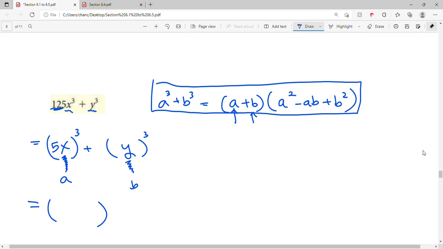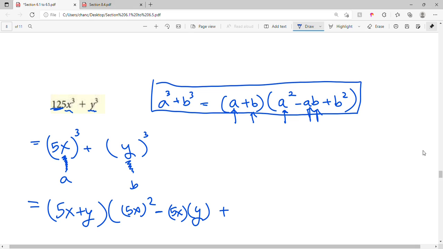It says a plus b, so that would be 5x plus y times, this part is a squared, so we're going to have to take the 5x and then square it. I like to put parentheses around the whole thing, minus, we'll substitute the a here, which is 5x, and then we'll substitute the b, which is y, plus, it says b squared, so we'll put a y squared.